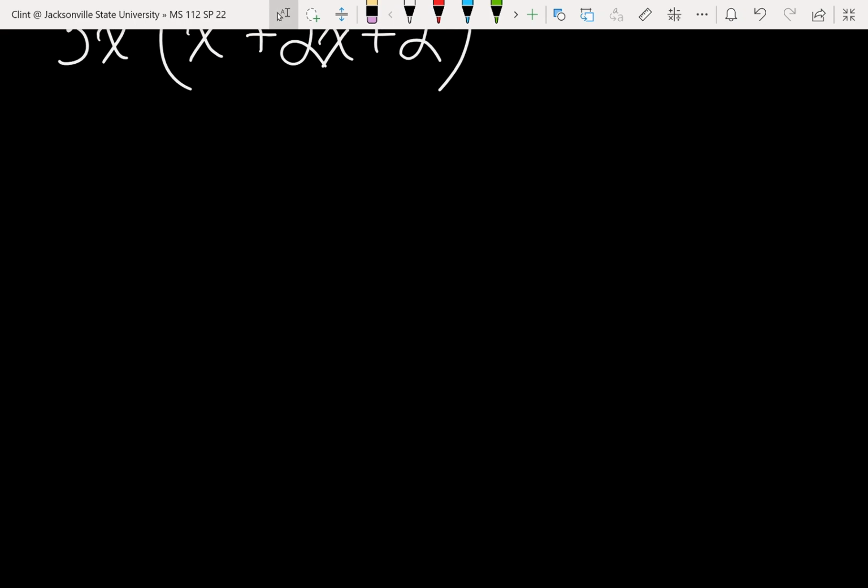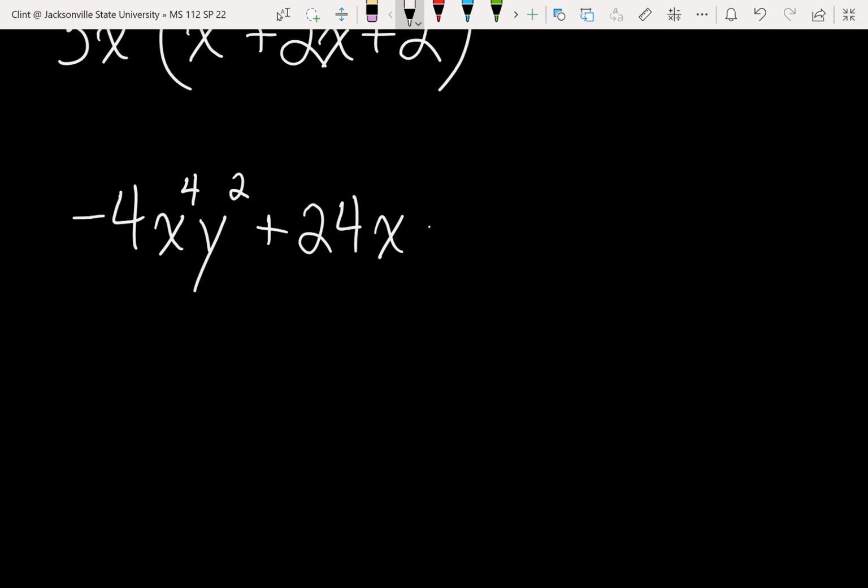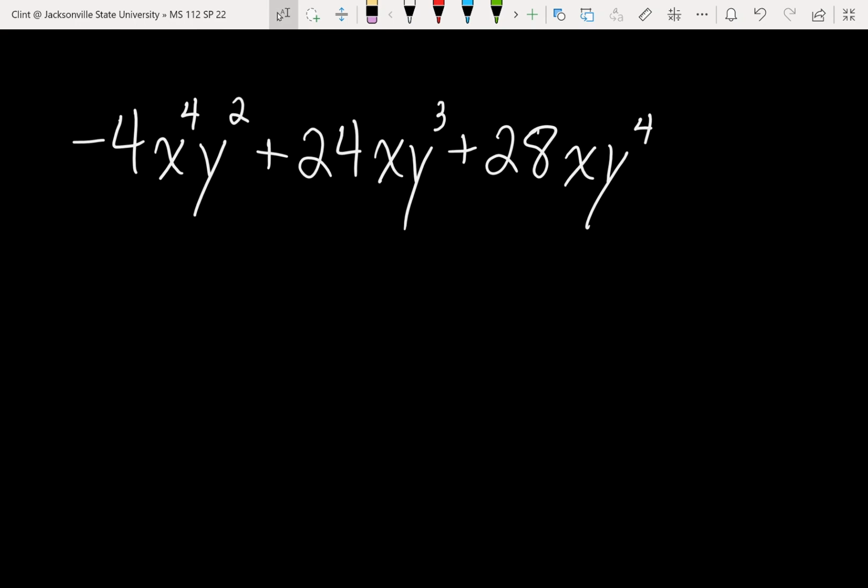One's a little bit messy, but it's okay. We just look at one piece at a time. Just look at the little piece, break it down into parts.